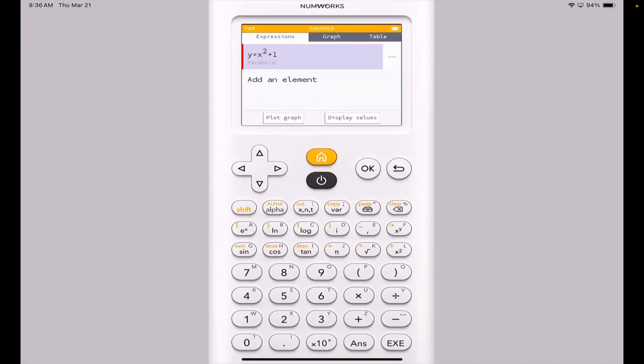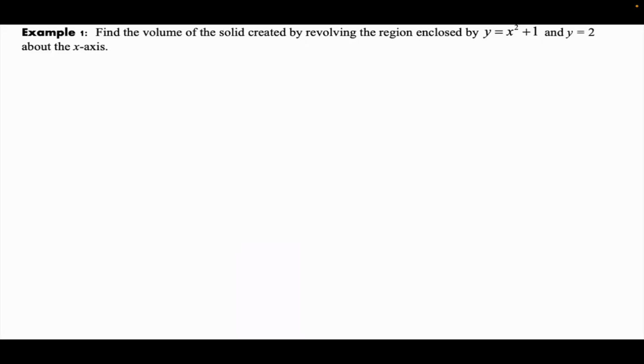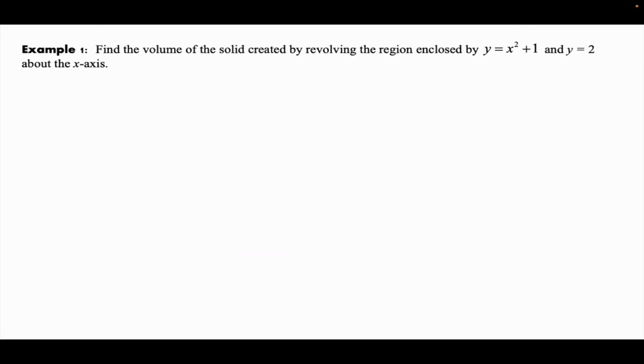So y equals x squared plus 1 is one of them. Y equals 2 is another. And then the x-axis. The x-axis is y equals 0.